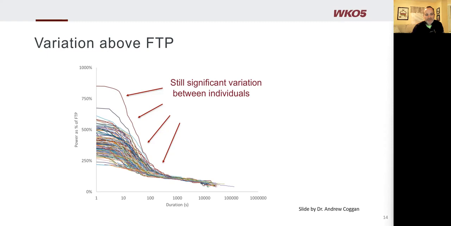And what you see out here in longer durations, we're all pretty similar. So when we're not going that hard, when we're in zone 2, in zone 3, we're pretty similar. As human beings, we don't have such a broad range of variation.